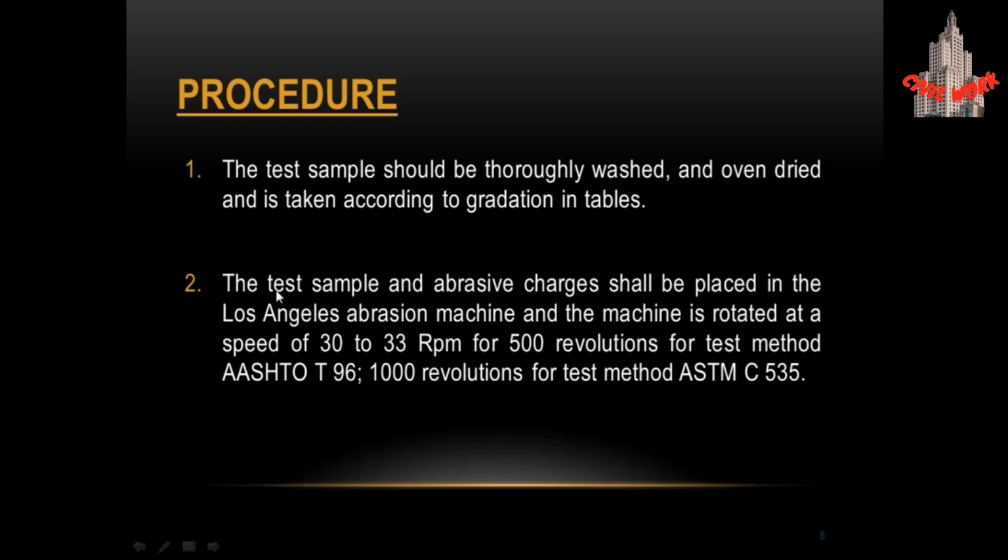Number 2, the test sample and the abrasive charges shall be placed in the Los Angeles abrasion machine, and the machine is rotated at a speed of 30 to 33 rpm, revolutions per minute, for 500 revolutions for test method AASHTO T96, which is ASTM C131, and 1000 revolutions for test method ASTM C535.